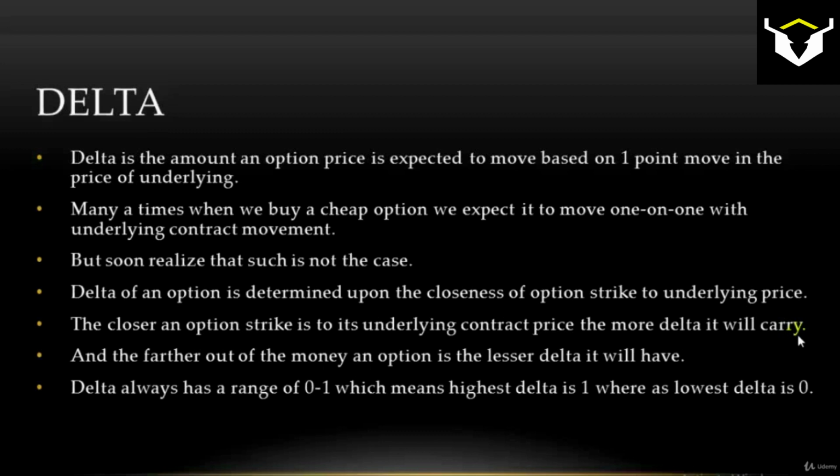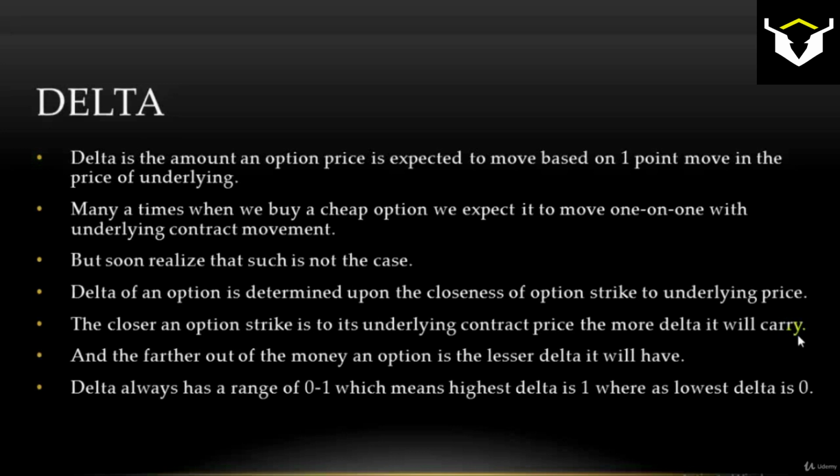So as long as an option is in the money, it will move one on one with the underlying contract. If it is out of the money, only then its movement will be affected by its delta, and the delta of that option contract will determine how much that option moves.